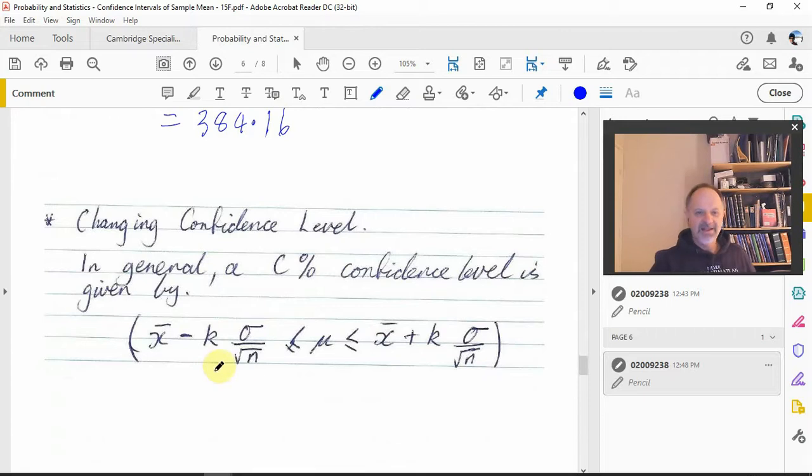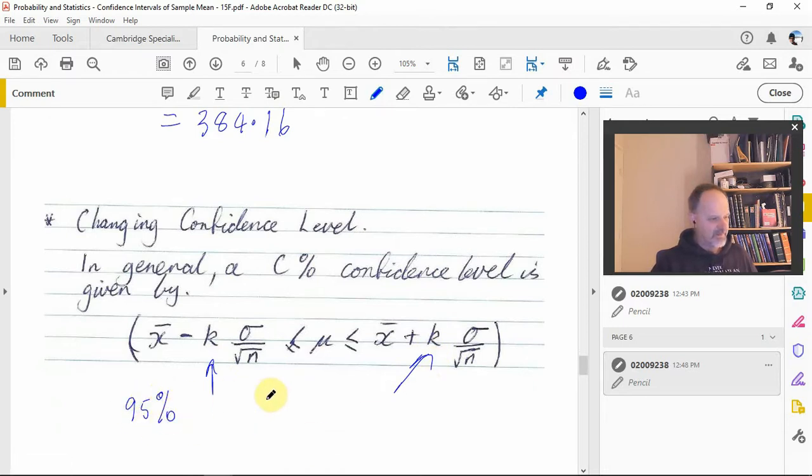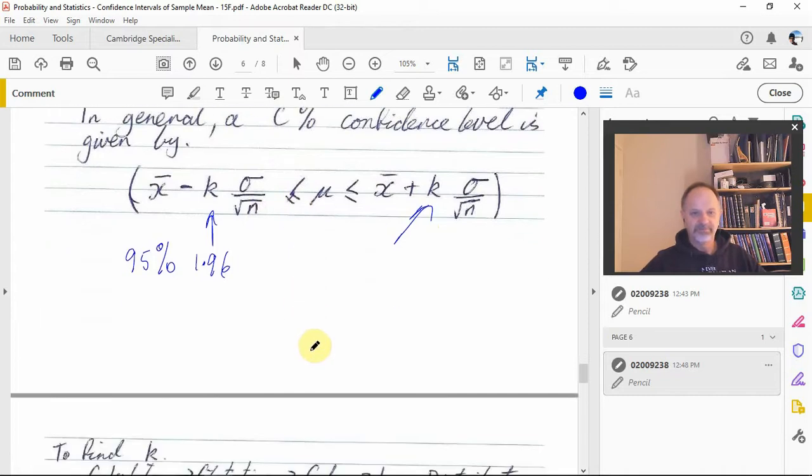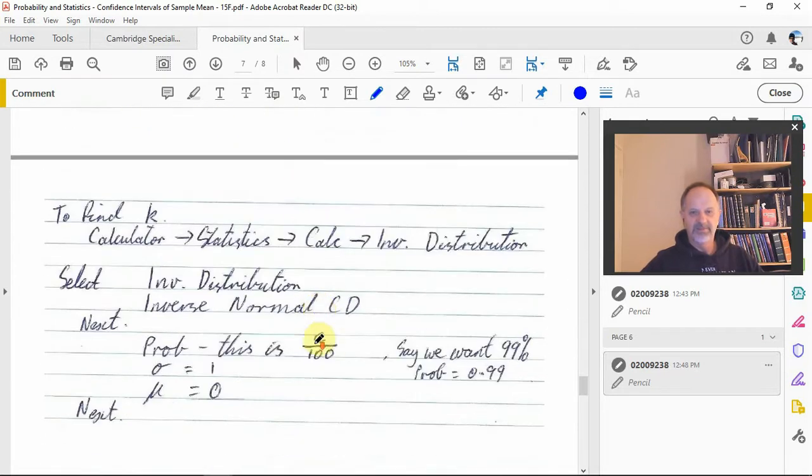And this K in here, for 95%, that K was 1.96. So if you want a different percentage, then that K number will be a different number. And if we want to find K, we can use our calculator, and here are the steps.